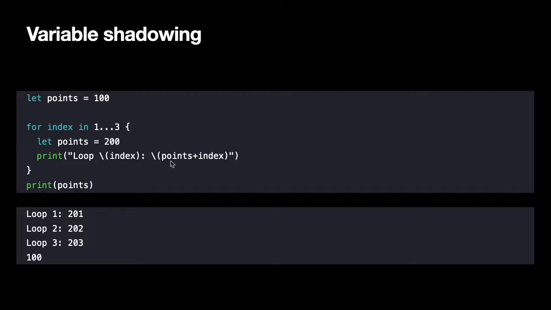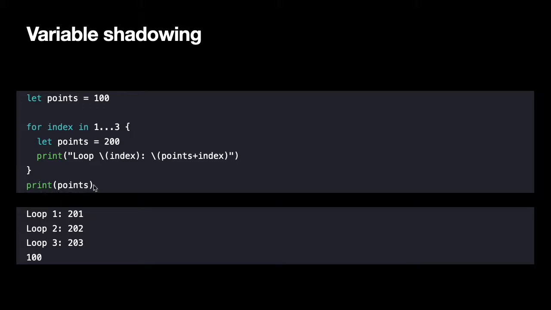So we can see that here where we print out the values of the loops, and the first loop it's 201. So obviously points 200 is being used and points 100 is not. And so we execute the loop 3 times, print out 201, 202, and 203. Then we get down to this point.